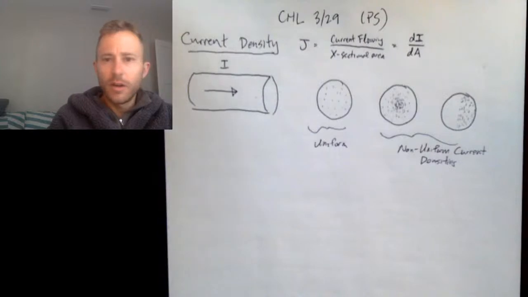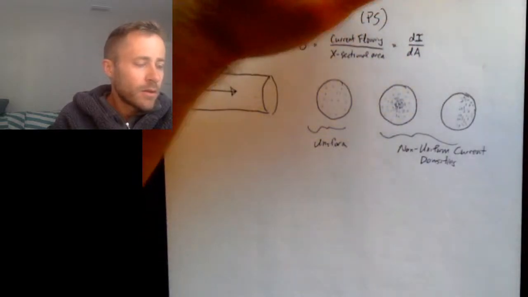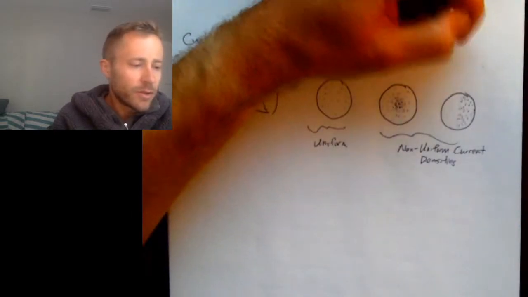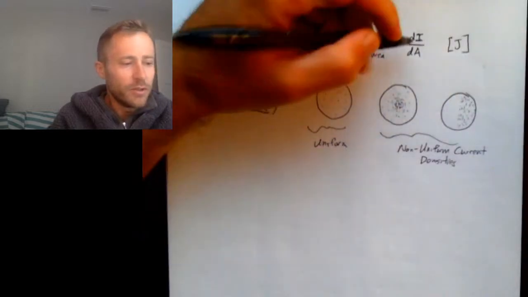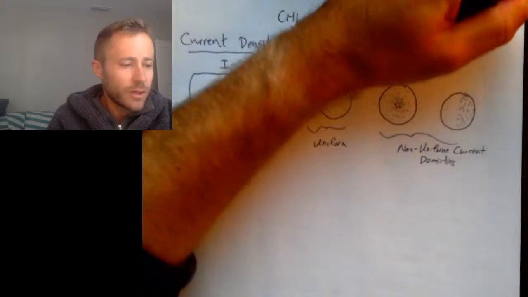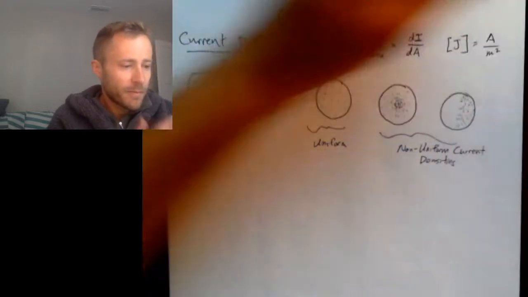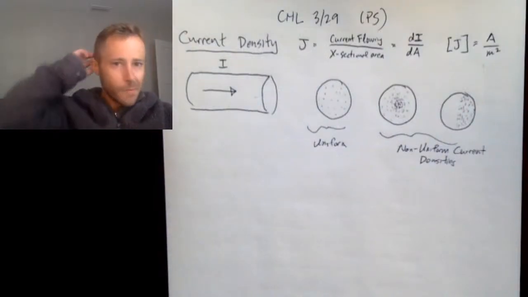I think it's fairly obvious that the units of current density would be units of current divided by units of area. So that's going to be amps per square meter.